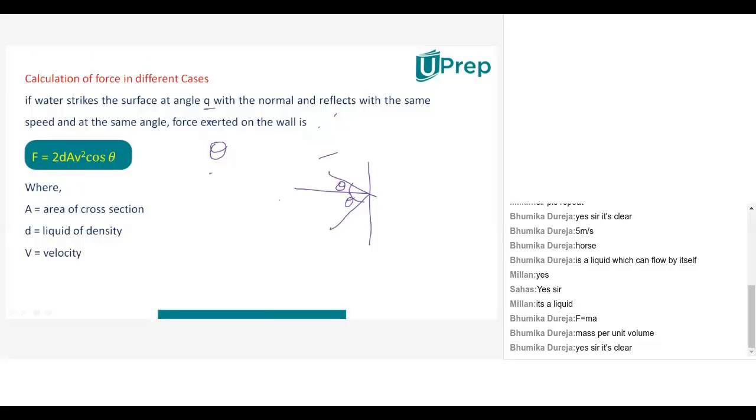Was the vector chapter explained to you or not? Vectors is a chapter in physics. I think it's in 10th or 11th, it will be there in 11th also.